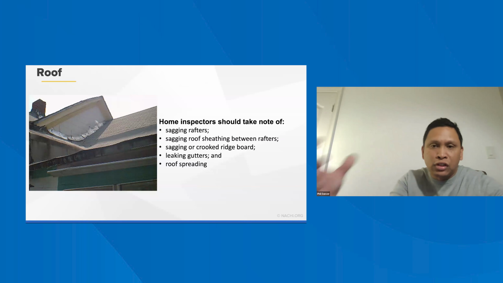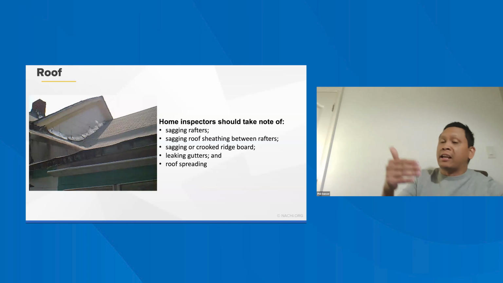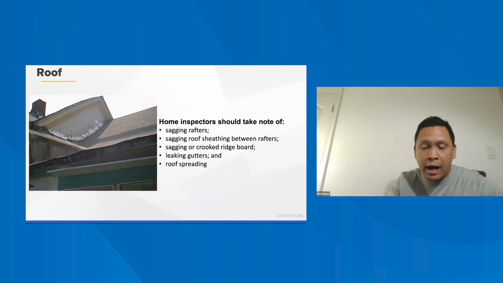So you want to look for things like sagging rafters, sagging roof sheathing between the rafters, a sagging ridge, or a roof that's actually spreading apart. You wouldn't be able to really get a good sense of what's happening unless you stand further away. But standing further away from the house to take a macro perspective in terms of what's happening, you can only do that when you take your time, right?